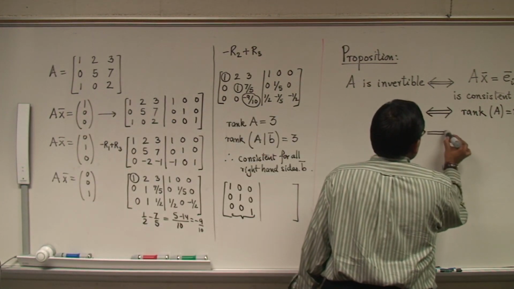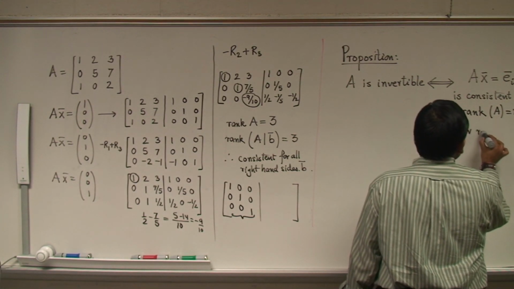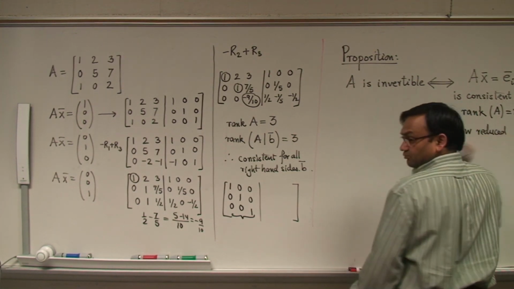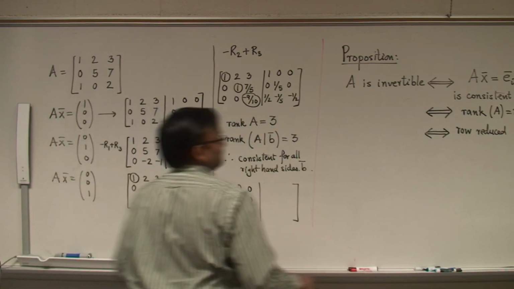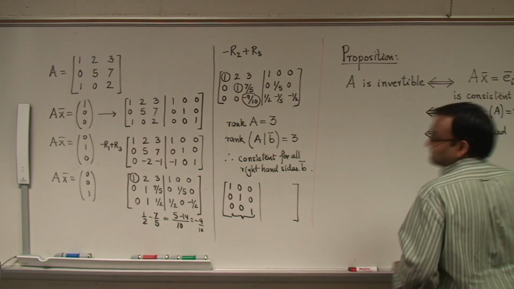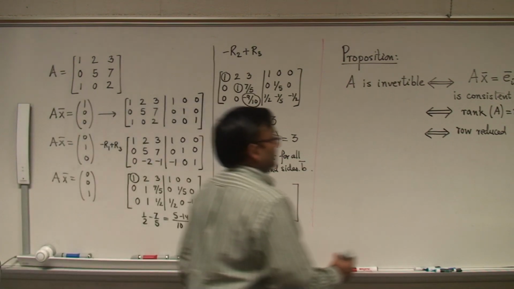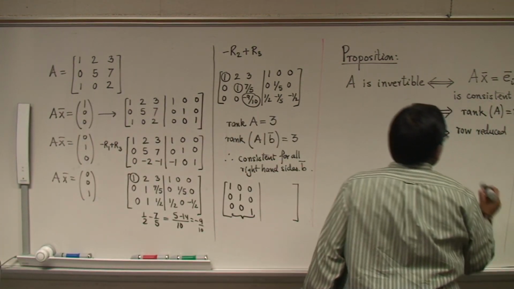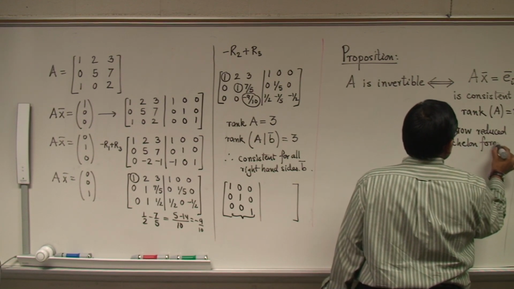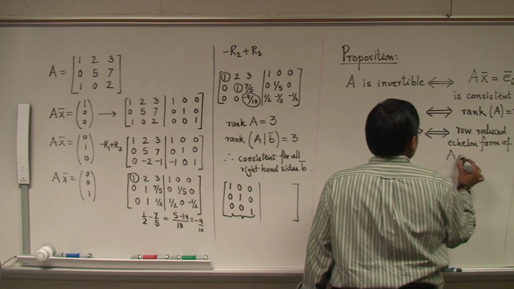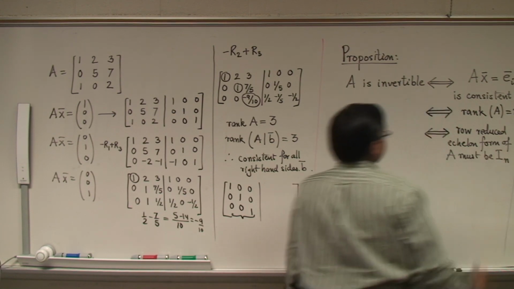Another criterion I can think of from here is that the row reduced echelon form of A must be the identity matrix.